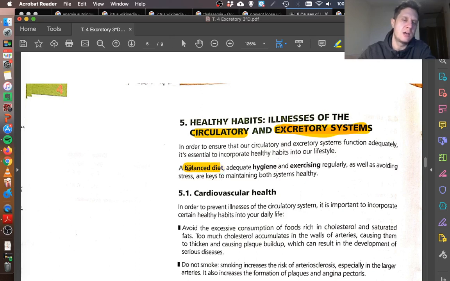That we need to have not only macronutrients but also micronutrients, that are basically vitamins and other substances that are going to help us to age less, to have better health, better physical condition, less inflammatory condition. That kind of things. Hygiene and exercising regularly.